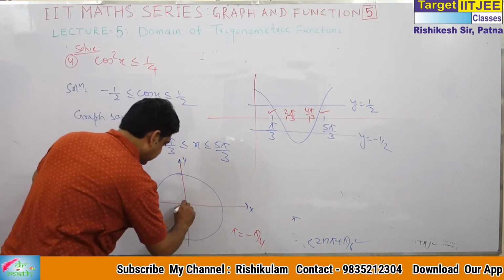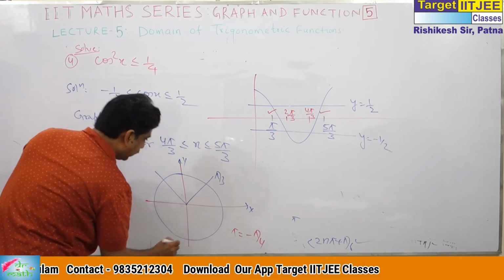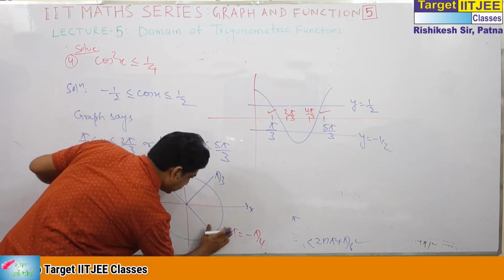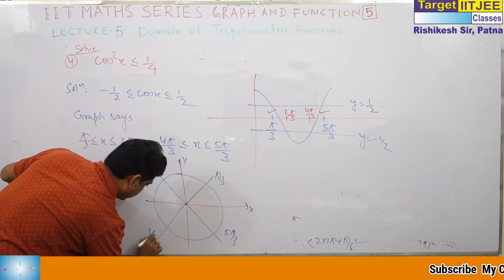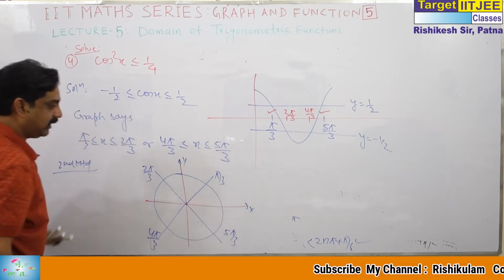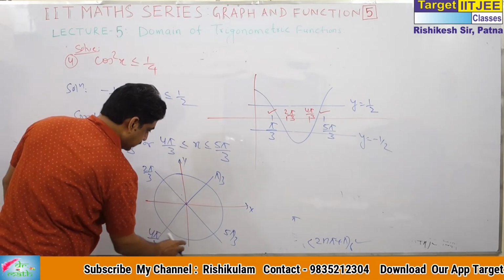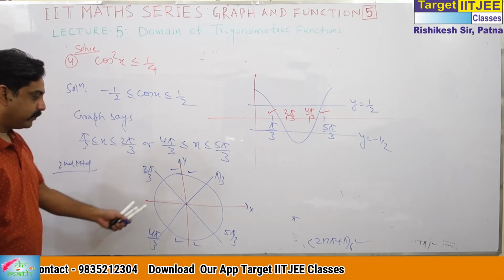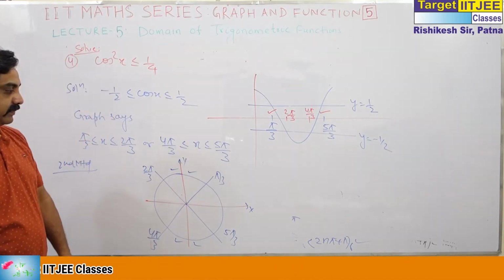You can see, this is actually pi by 3, this is 2 pi by 3, this is 5 pi by 3 and this is 4 pi by 3. The answer will lie between these; these two portions lie between minus 1 by 2 to 1 by 2.